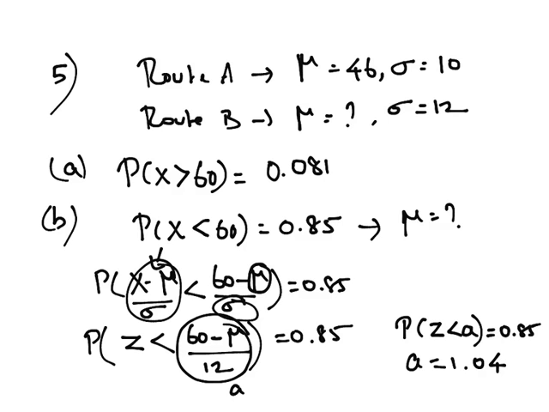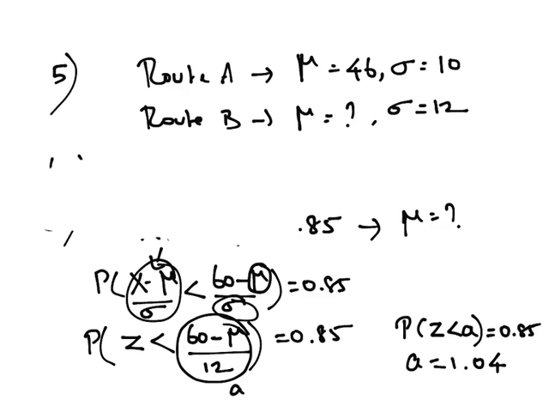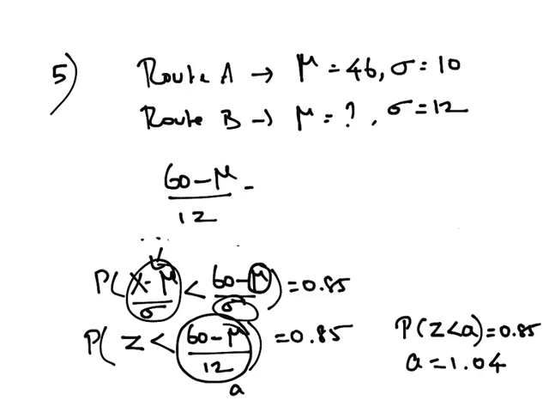1.036 or 1.04. So which basically means 60 minus mu by 12 is 1.04, which means 60 minus mu is 12 into 1.04.